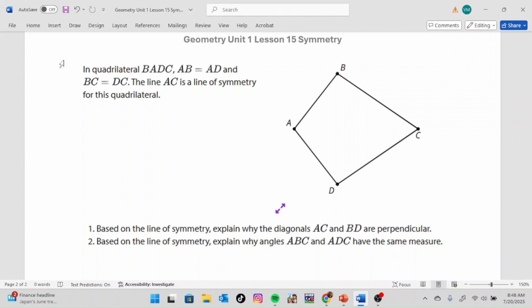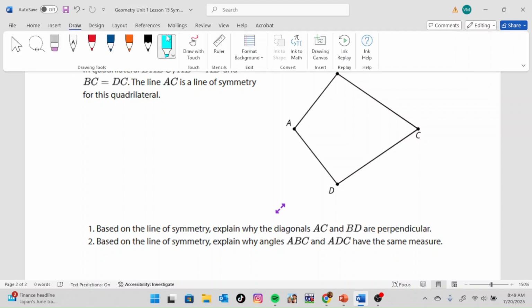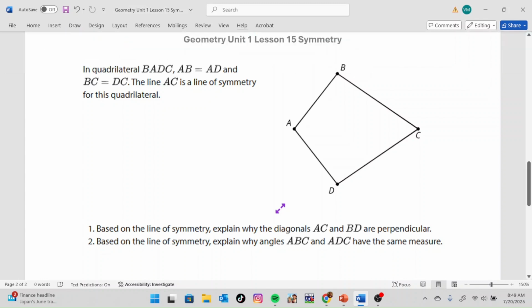In quadrilateral BADC, line segment AB equals line segment AD. So I'm going to go ahead and highlight these.